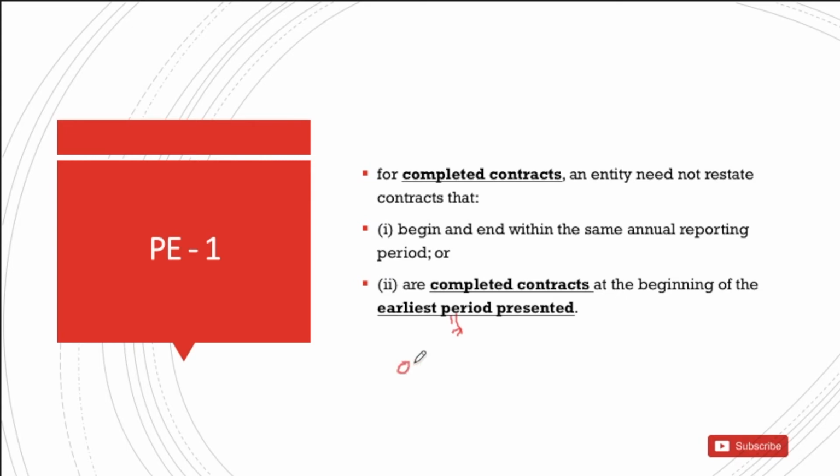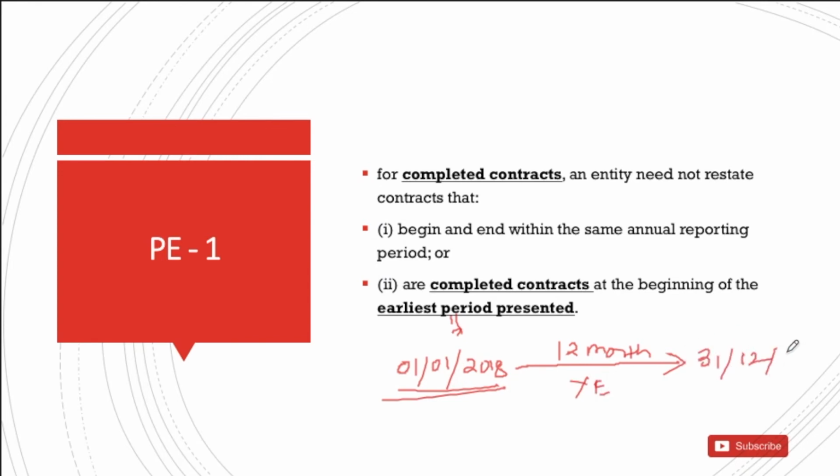Suppose you apply the standard on 1st January 2018. This is the initial date of application of IFRS 15. And suppose you follow a 12-month year end, so your year end would be 31st December 2018.